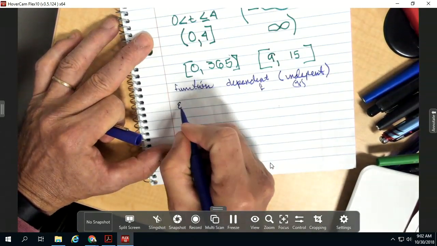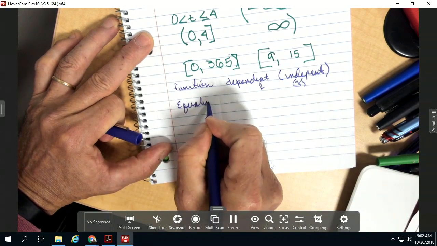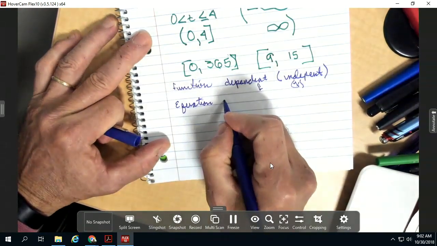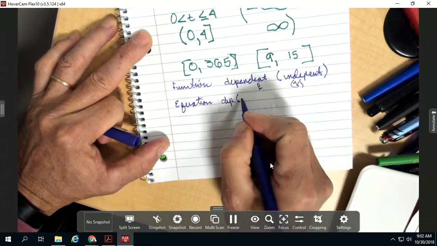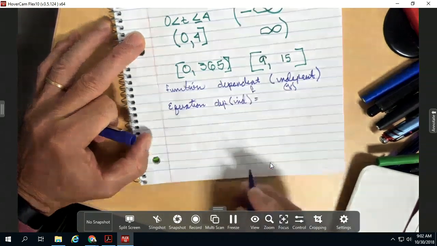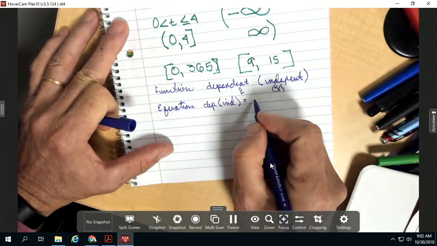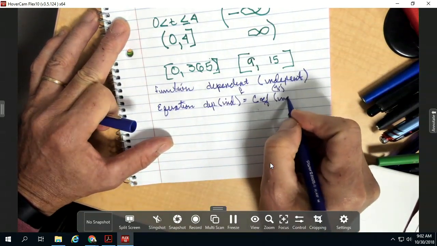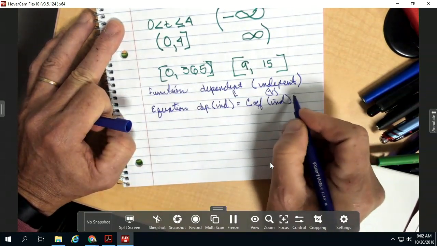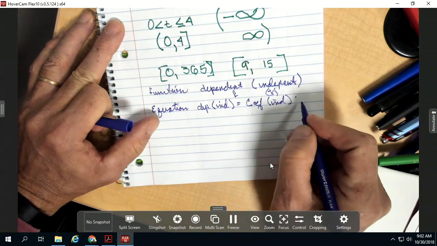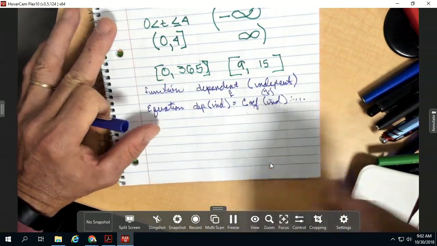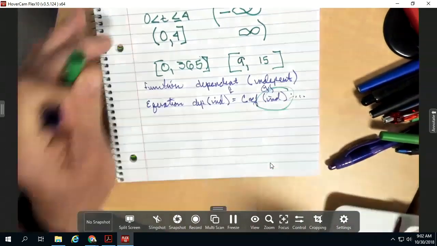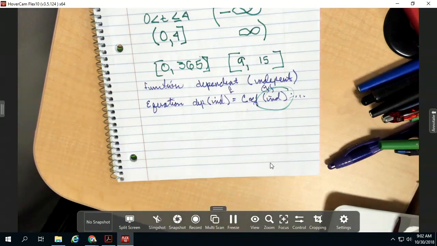In the equation, like in number 2, you would have dependent is a function of independent equals, and then there will be some coefficient times the independent variable, and it might be to the second power or the third power or something, but all of the stuff on this side of the equation is only going to have the independent variable.